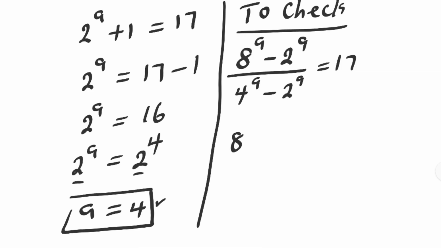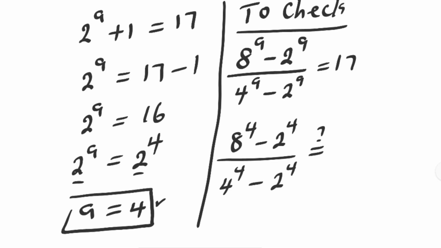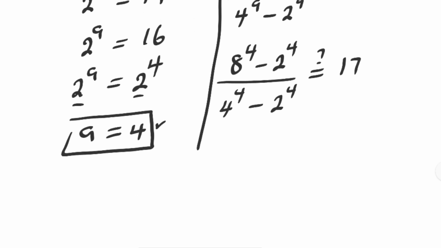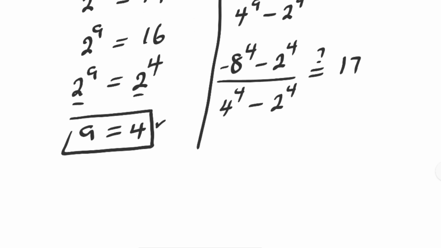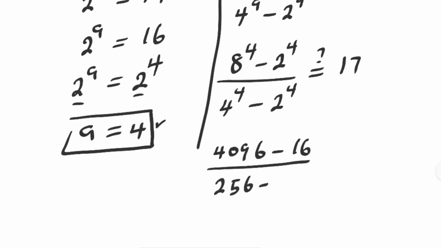Then this is (8^4 − 2^4) / (4^4 − 2^4) must be equal to 17. 8^4 here is 4096 minus 2^4 is 16, divided by 4^4 here is 256 minus 2^4, that is 16, must be equal to 17.